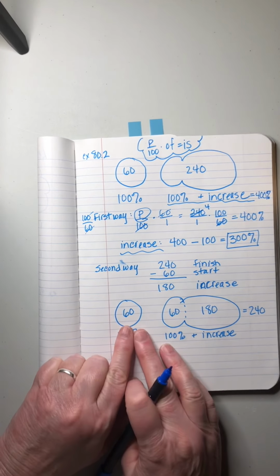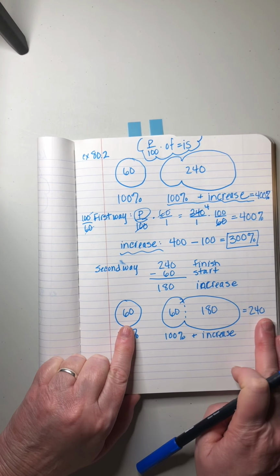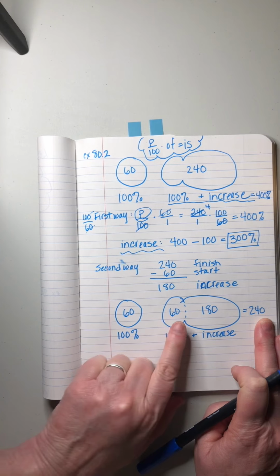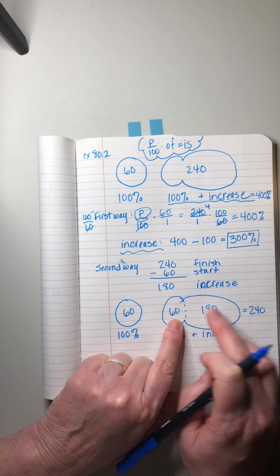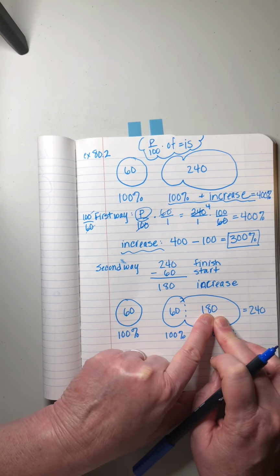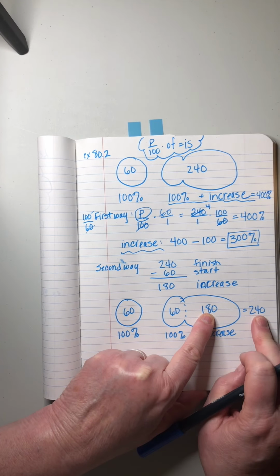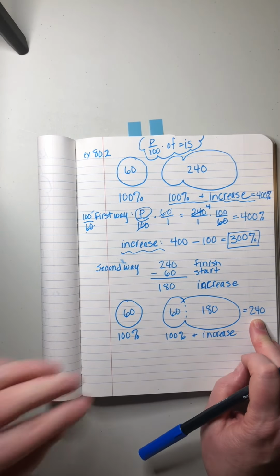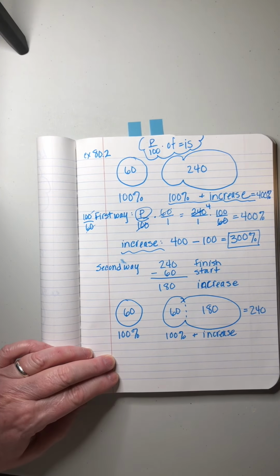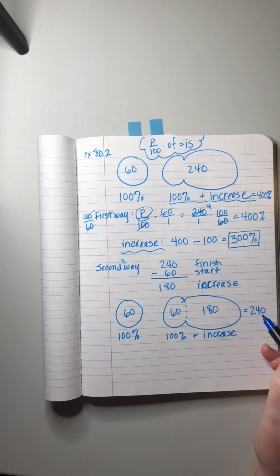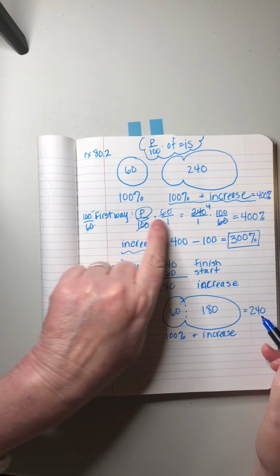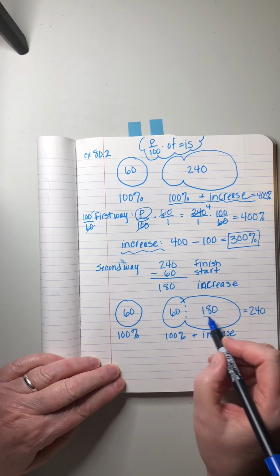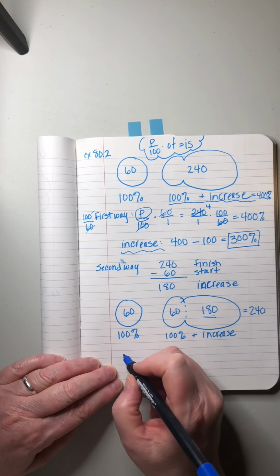Okay, so we started with 60, and then we went up to a total of 240, which represents the original 60 plus another 180, gives us a total of 240 cheering fans. Now, in terms of the percent, instead of calculating it on the 240, which is what we did here, we're just going to calculate it based on the increase.